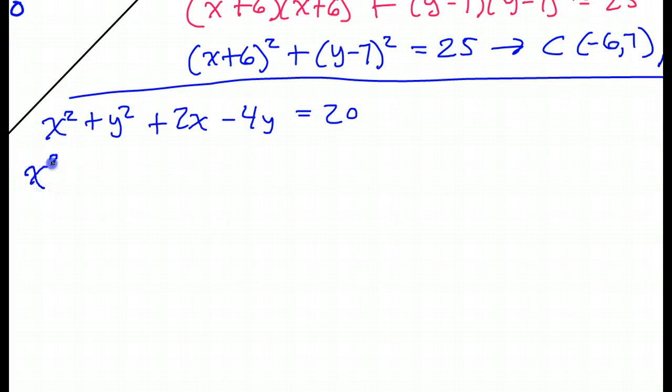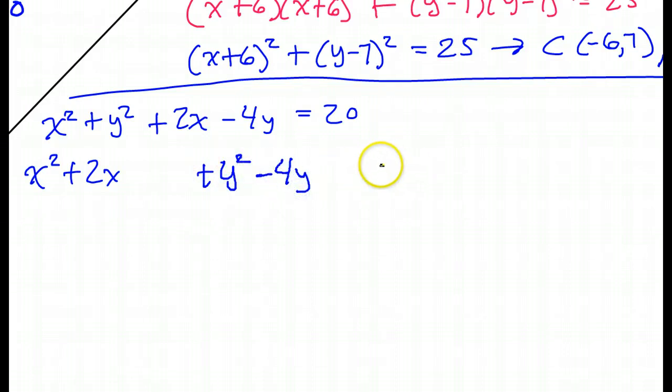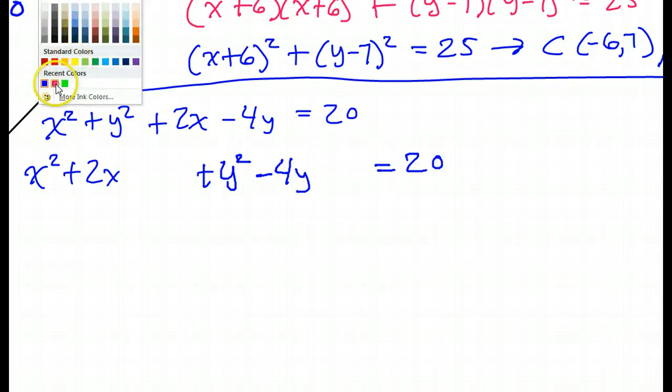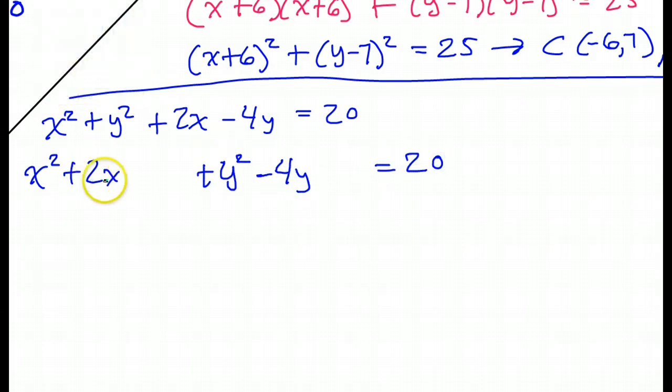So that's going to be x squared plus 2x, pulling those together, leave a space. That's plus y squared minus 4y, leave a space, is equal to 20. Let's see, half of 2 is 1. 1 squared, still 1. Half of 4 is 2. 2 squared is 4. Anything we're adding to the left, we need to add the same stuff to the right.